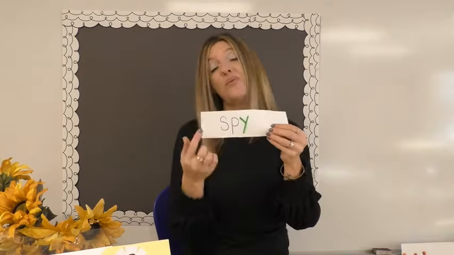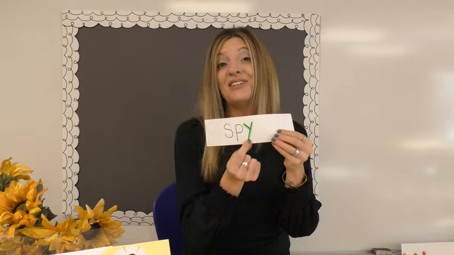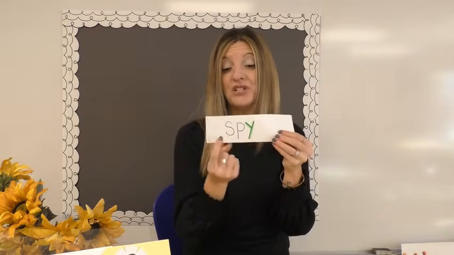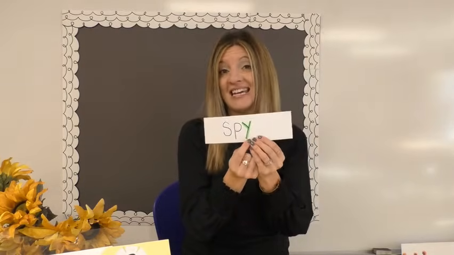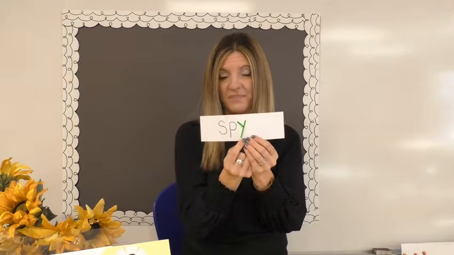So if I have a word that ends in Y, and the Y is representing the long I sound, so it's a short word with a Y at the end that makes the I sound, like in spy.